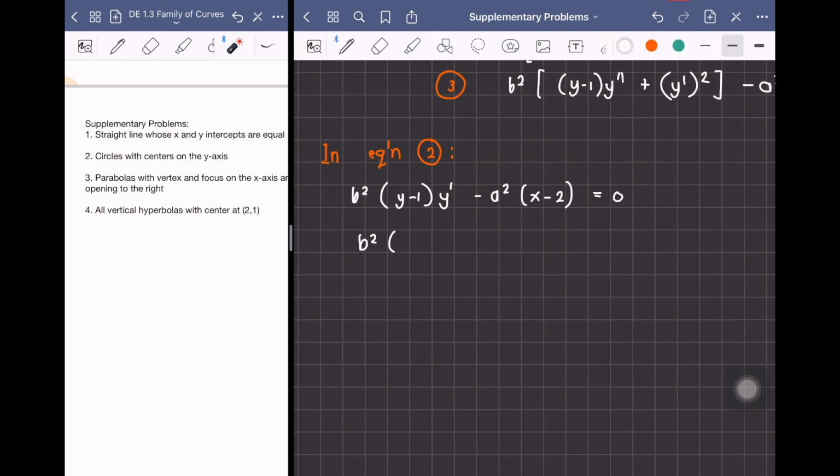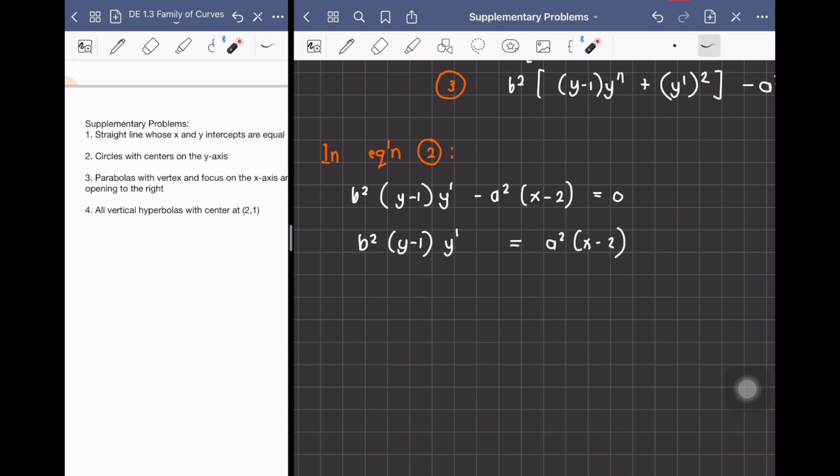That's b squared, y minus 1 y prime, equivalent to, now positive, a squared, x minus 2. So I will solve by putting all the arbitrary constants on one side. We make it a squared over b squared so they are together on one side. Or it could be the other way around, b squared over a squared, whichever is convenient and easier for you. In this case, I will use a squared over b squared.